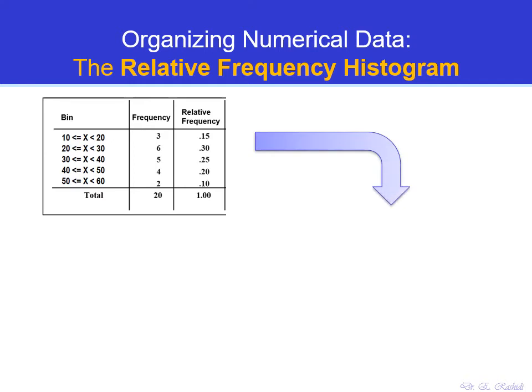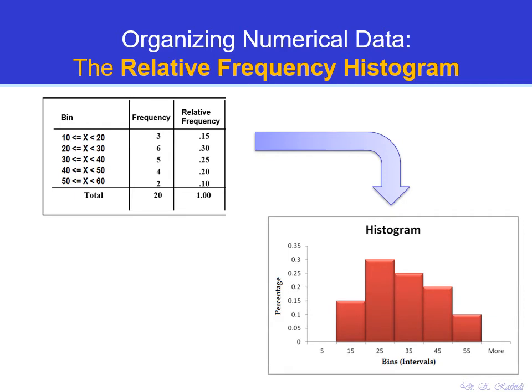Next, we're going to create the relative frequency histogram. It's the same as before, except that for the vertical axis, or y-axis, instead of frequency, we have the percentage or the relative frequency. For example, this bin here, numbers between 10 and 20, the relative frequency is 15%, 0.15.